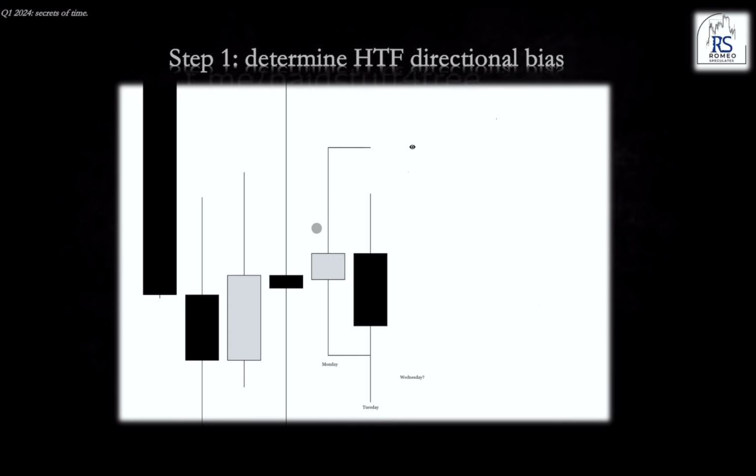Candle number one, candle number two. If candle number two has taken the low of candle number one and has not closed below it, then there's a high chance that it retraces to 50% of candle number one and 100% of candle number one.